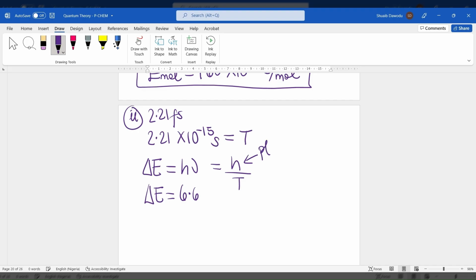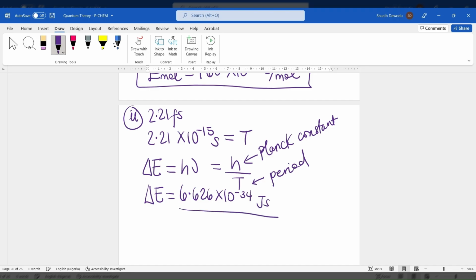This is the Planck's constant, by the way. I know I've talked about it before, but I want to make sure that everybody's on the same page as much as possible. And then this is your period. So Planck's constant h, that's 6.626 times 10 raised to the power of negative 34 joule seconds divided by 2.21 times 10 raised to the power of negative 15 seconds.